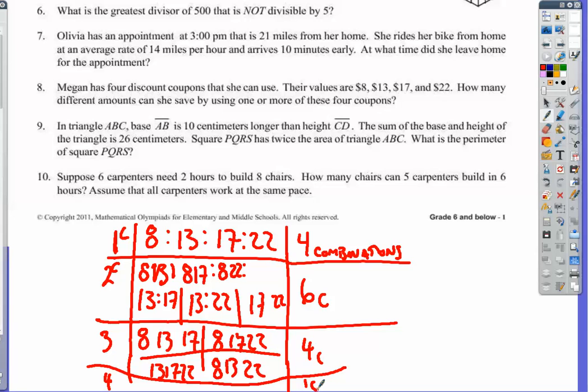But wait a second. Is it possible, or even probable, that some of these combinations are the same? So I noticed, and check me if I'm wrong, 8 and 22 is 30, and 13 and 17 is also 30.